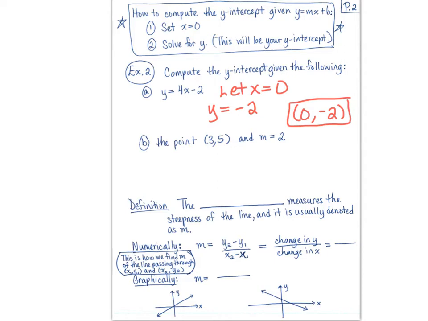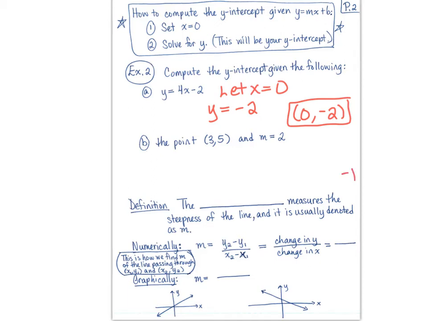Okay? Now, find the y-intercept given this point and the slope, m equals 2. What are you getting for the y-intercept here? Negative 1. Is it just negative 1 by itself? What is your x value?